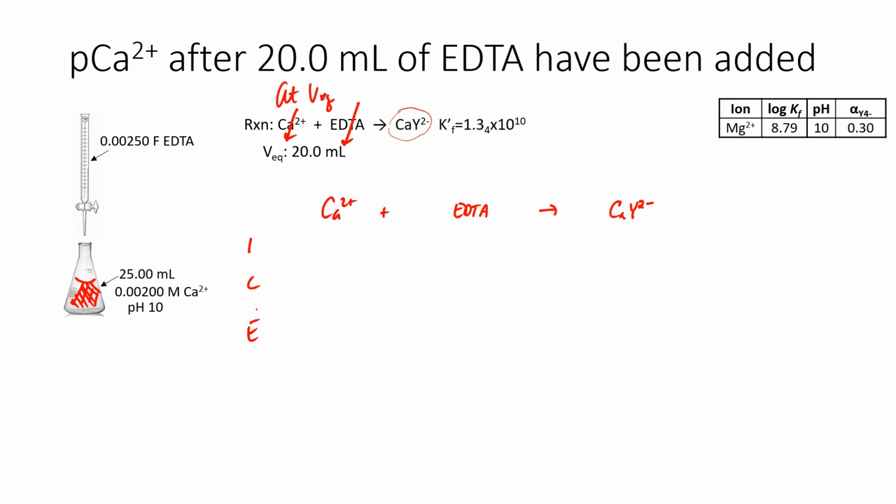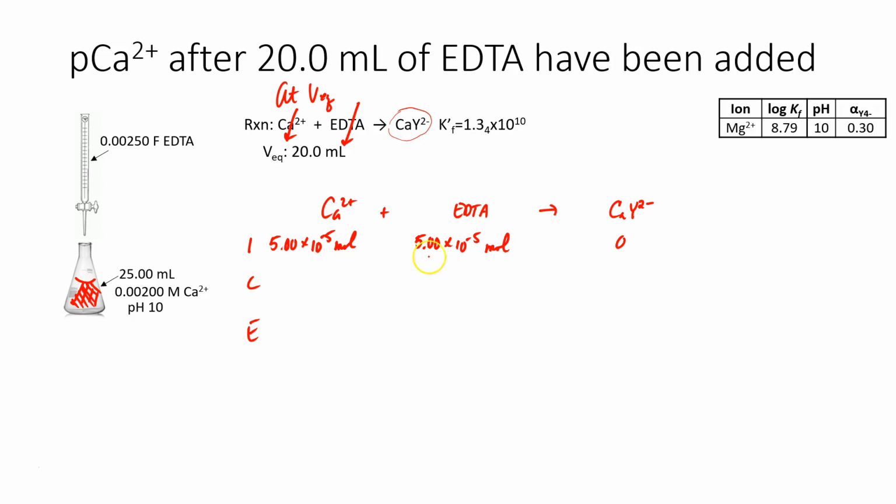My initial moles of calcium haven't changed. It's still 5.00 times 10 to the negative fifth moles, and the moles of EDTA are also the same. And you can prove that to yourself. You've got concentration, you've got volume, you should get this number.